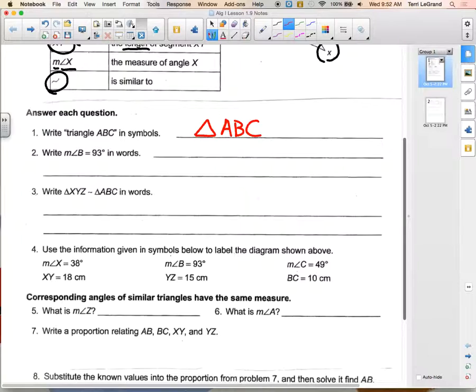Okay, now we have this mathematical statement that they want us to write in words. What is that really saying? Katie? Angle B equals 93 degrees. Okay, well, what else? I think we should be even a little bit more specific. What other word do you think we could include in there? What's that little M stand for? Measure. So we're going to say the measure of angle B. We're writing in words.